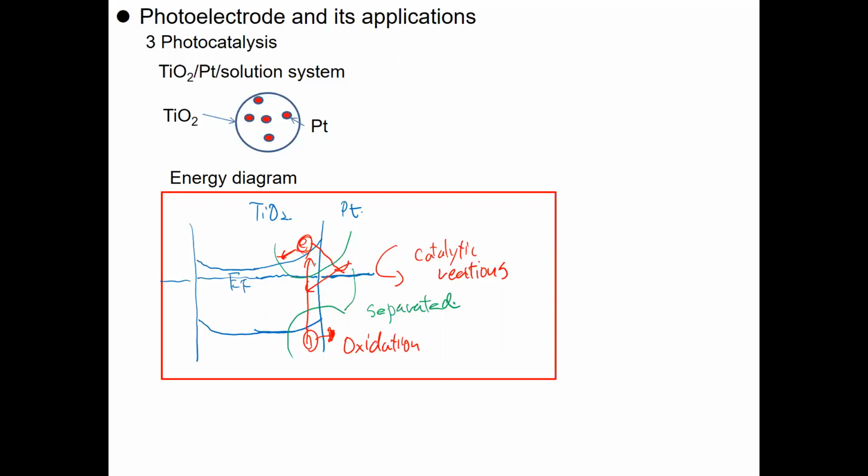For example, in this case, the electron is captured by platinum and the holes are localized on TiO2. This way the electrons and holes are separated. That's why both electron and hole can have some different types of reactions. So in any case, these charges, electrons and holes, must be separated.